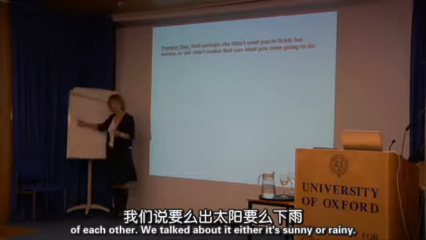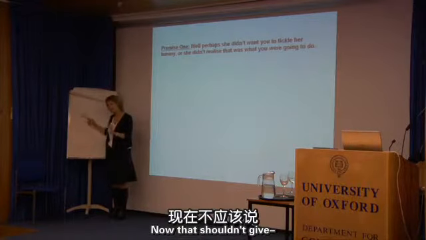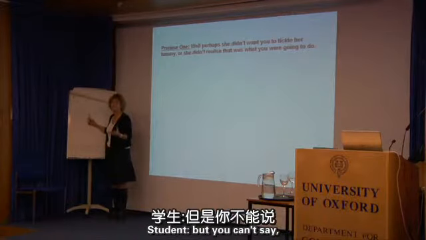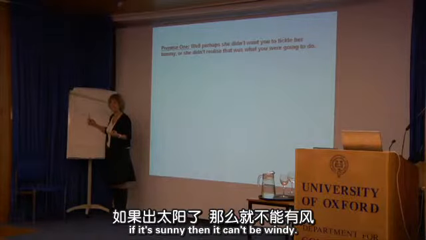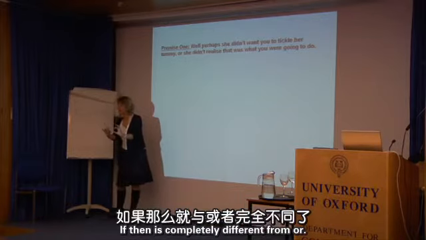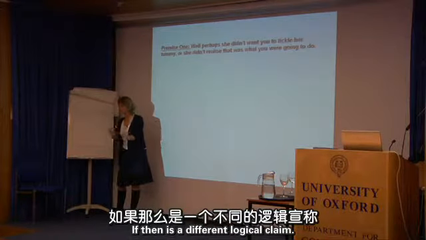We talked about it's either sunny or rainy. Now, that shouldn't give you the problem, because we could say it's either sunny or windy. But you can't then say, if it's sunny, then it's not windy. But we haven't said that. If-then is completely different from "or". If-then is a different logical claim.